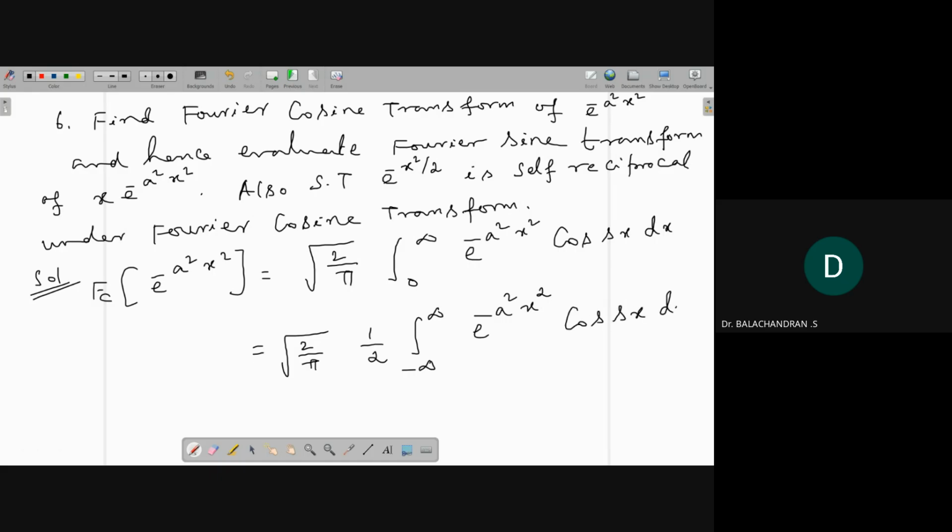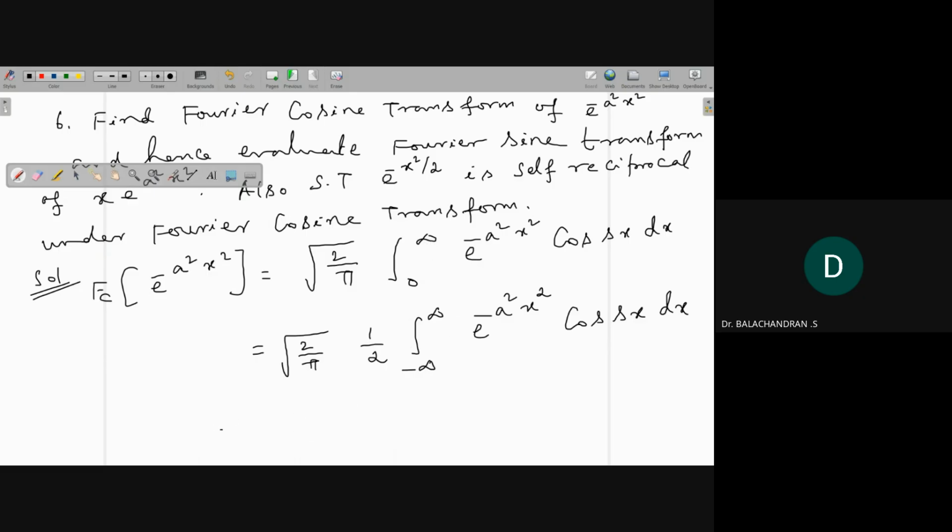If you have minus infinity to plus infinity of an even function, you can write 2 times 0 to infinity of the integrand. Here I am converting from 0 to infinity to minus infinity to plus infinity, so that's why you have 1 by 2. We are doing it in reverse; usually we convert from minus infinity to plus infinity into 0 to infinity.